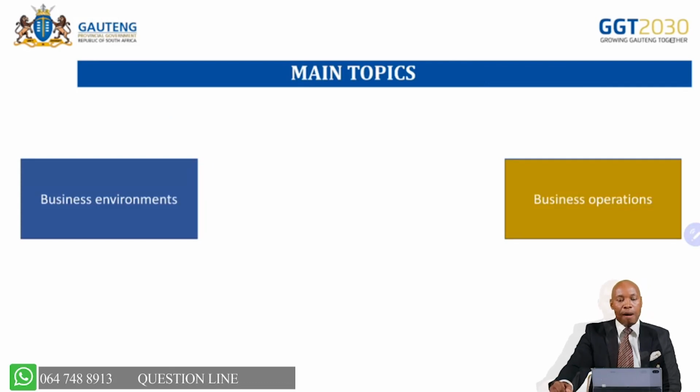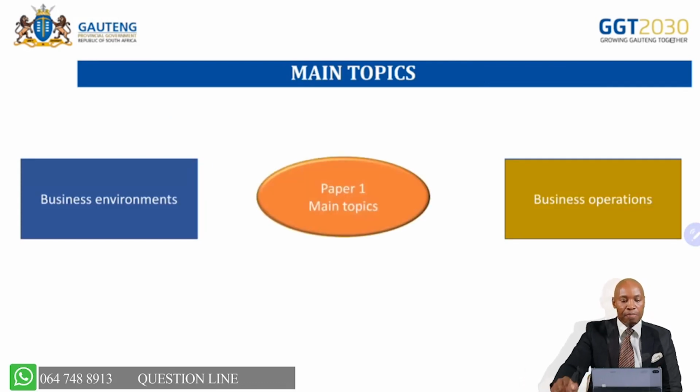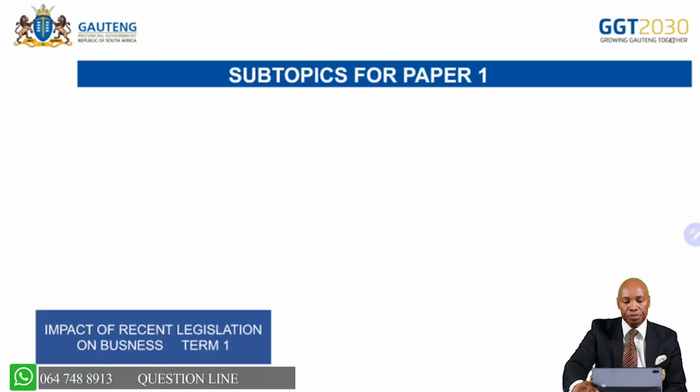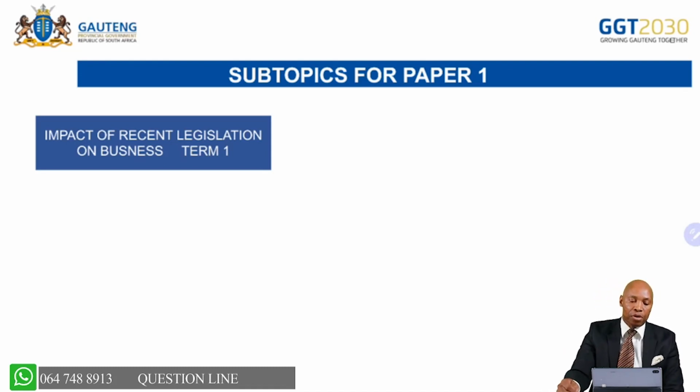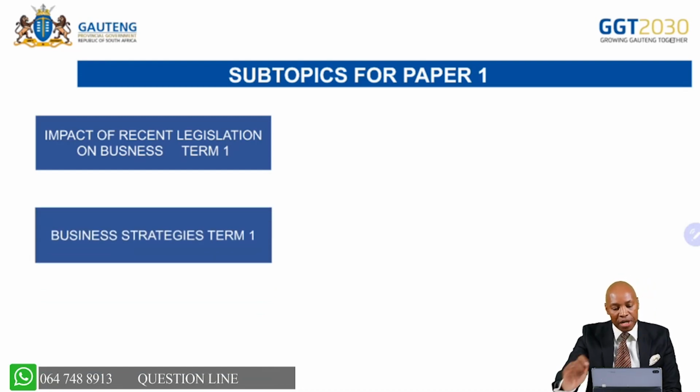Now let's look at our main topics for paper 1, that is business environment and business operations. When you look at these main topics, you may think it is easy. Of course it is easy. Now let's look at the subtopics for business environment and the subtopics for business operations. The first subtopic for business environment is your legislation on businesses, which was done in term 1. Then you also have business strategies, which was also done in term 1.